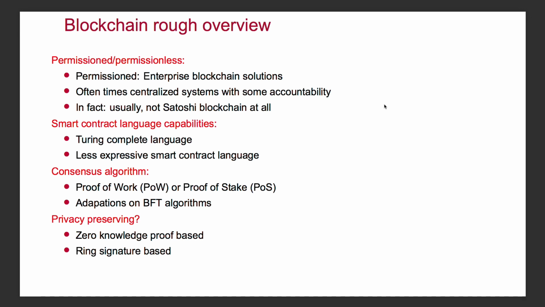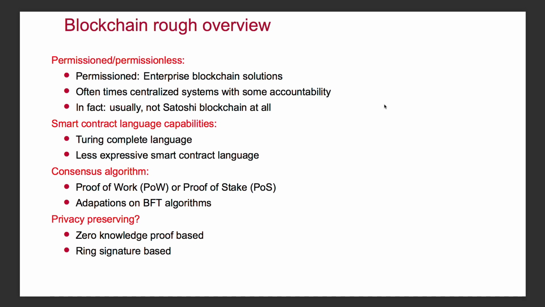If it's a permissioned one, that's typically aimed to be deployed inside banks or some kind of financial institutions, and all nodes authenticate each other. And oftentimes this is actually a centralized system where there is one central authority with some accountability to its clients. So this is actually usually not Satoshi blockchain. There is no proof of work, and there is no decentralization to the degree there is in Satoshi blockchain.